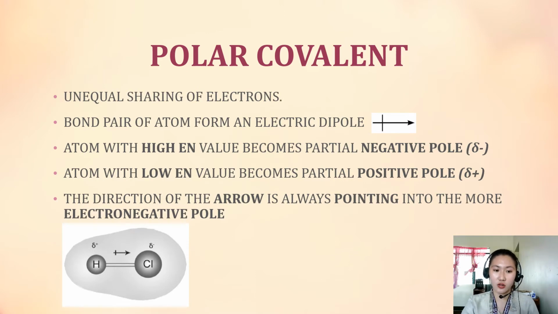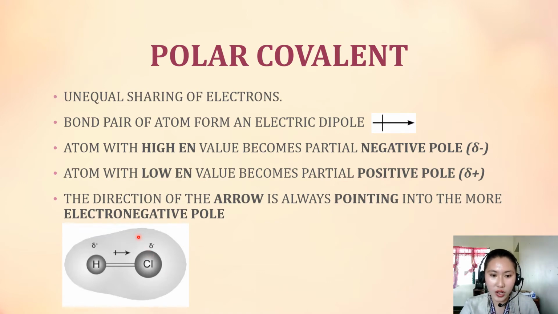So for example, we have here hydrogen and chlorine. Hydrogen has an electronegativity value of 2.1, right? And chlorine has an electronegativity value of 3.0. So between the two of them, who has the greater electronegativity value? Chlorine. So chlorine has the greater electronegativity value, so it is the negative pole.